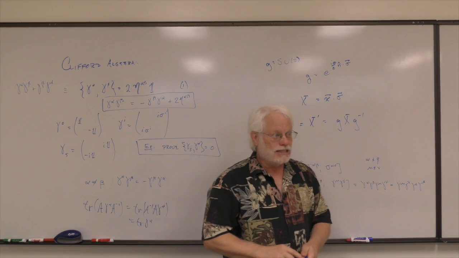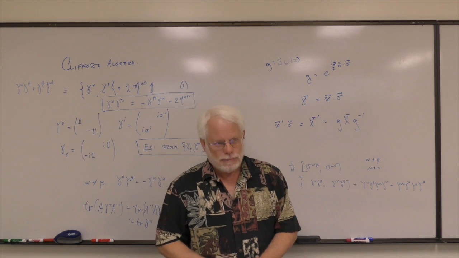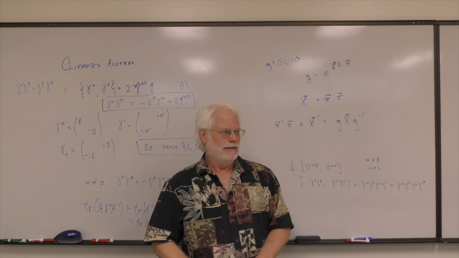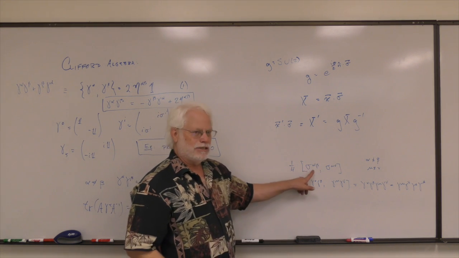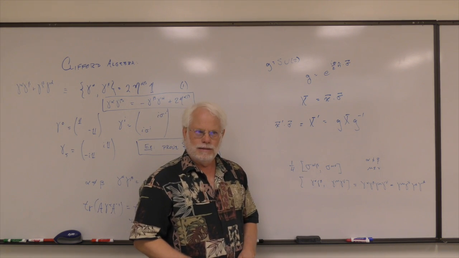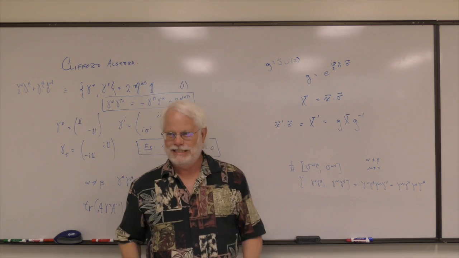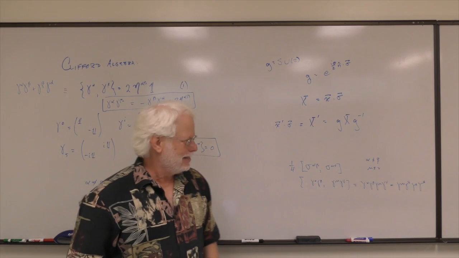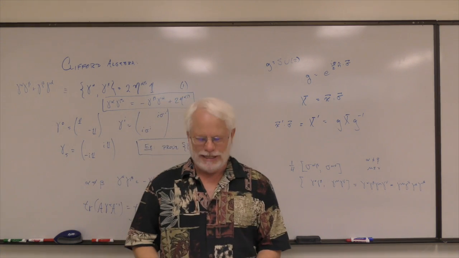It's going to close. It's going to be a Lie algebra. It's going to be the Lie algebra of the Lorentz group. These are generators of Lorentz transformations. Prove it. Show me on Wednesday. It won't take too long. It's just a half page of commutators.